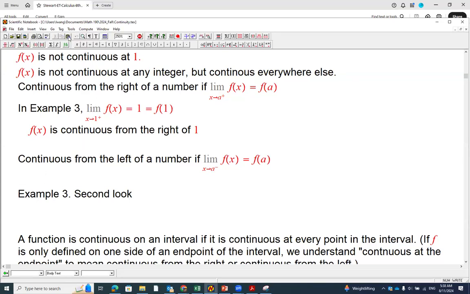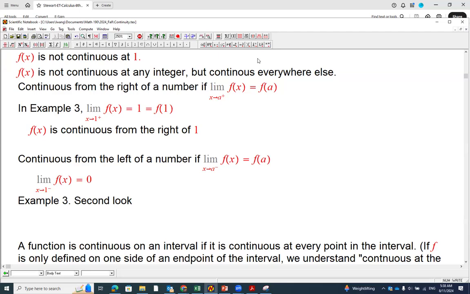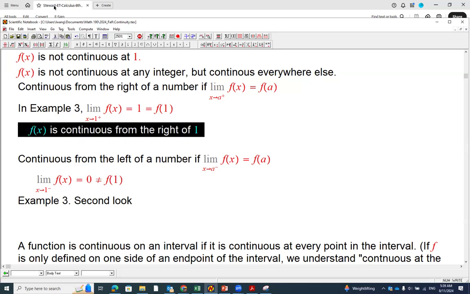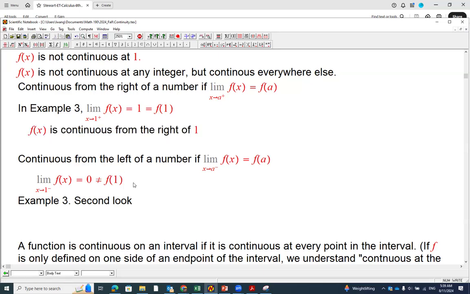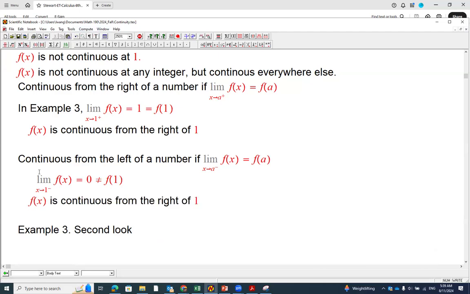You can say, since this is not equal to f of 1, which equals 1, f of x is not continuous from the left of 1. Those are the wordings we can use. That's the second look.